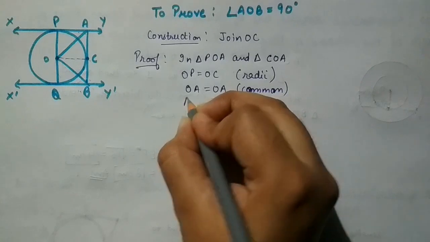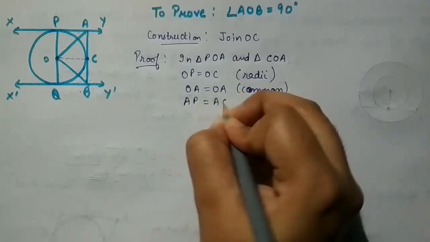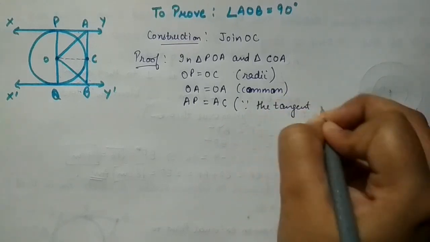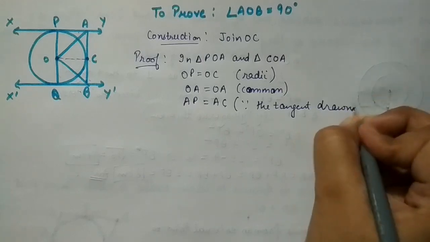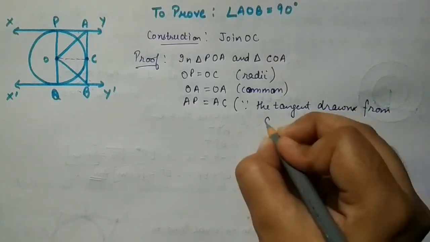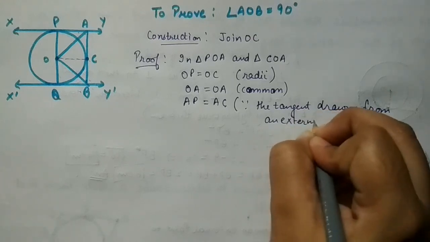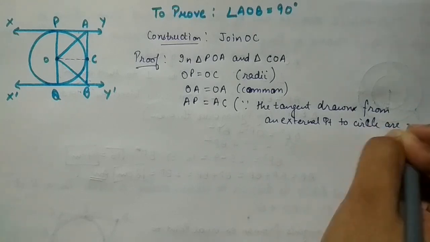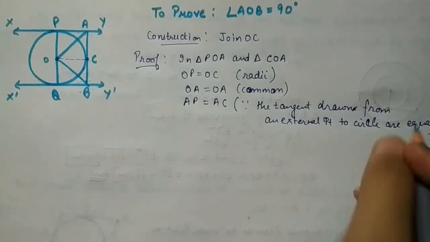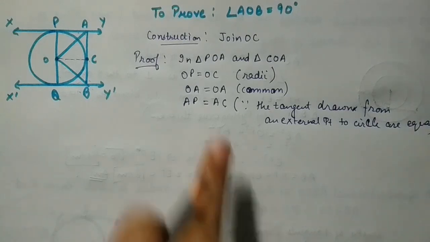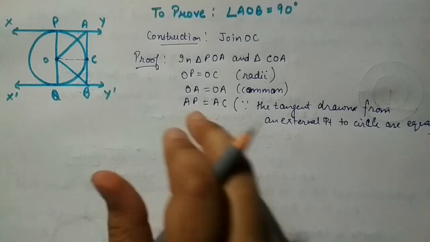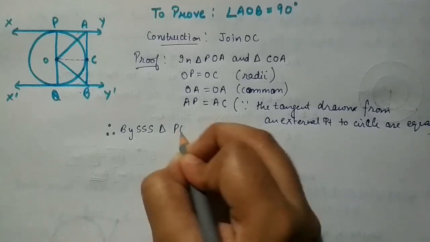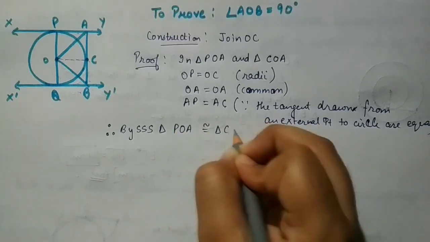Or you can say AP is equal to AC, because the tangents drawn from an external point to a circle are equal. This is the theorem that we did. So by this theorem we will say AP is equal to AC. Therefore we can say by SSS triangle POA is congruent to triangle COA.